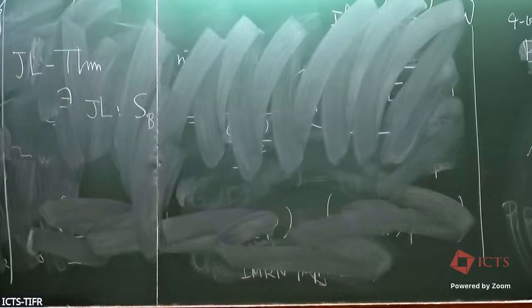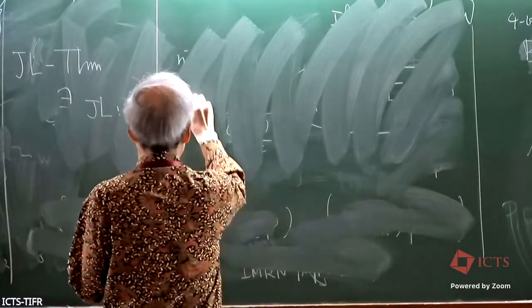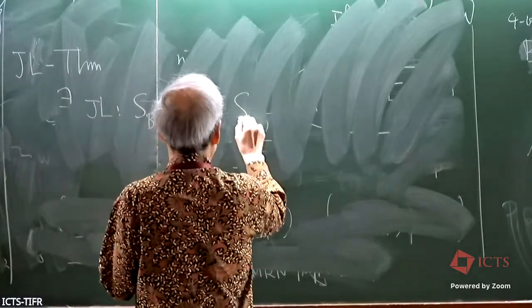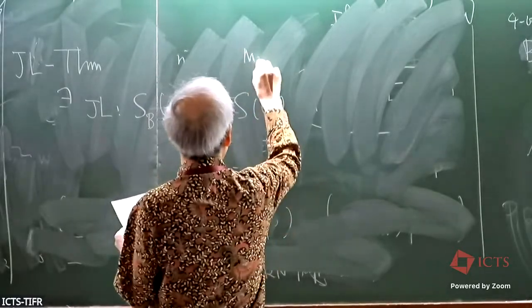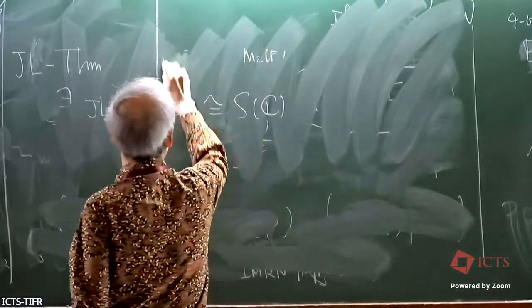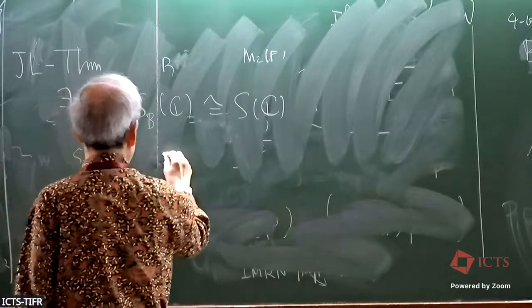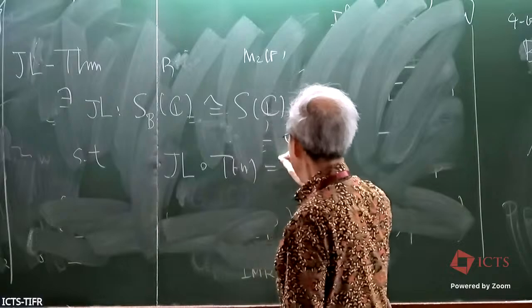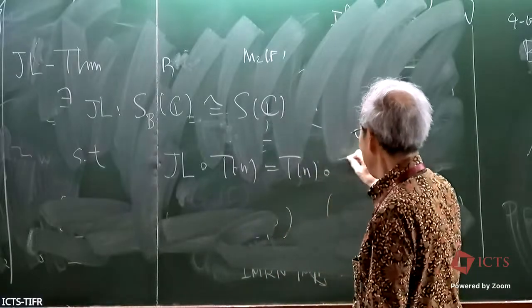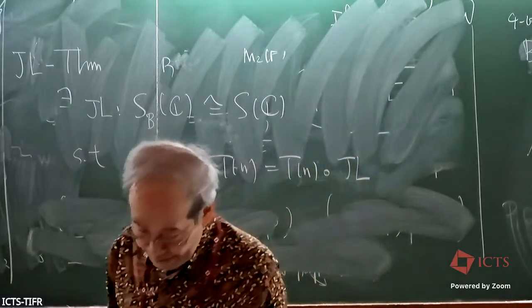It doesn't matter, but I will continue to make errors. So S_B to S, this is the M_2(F) side. This is the B side. Such that JL applied to T_n on one side equals T_n applied to JL on the other side. Okay.